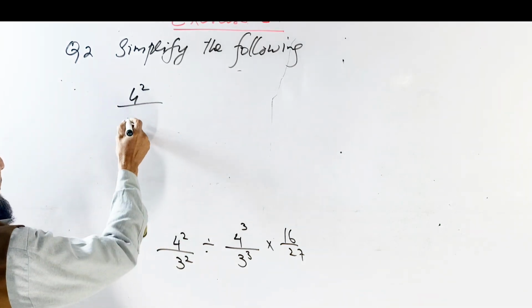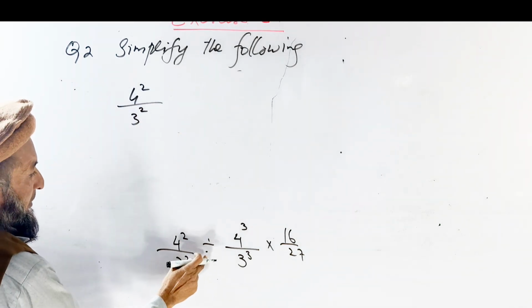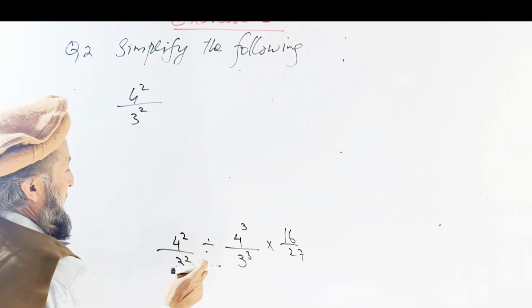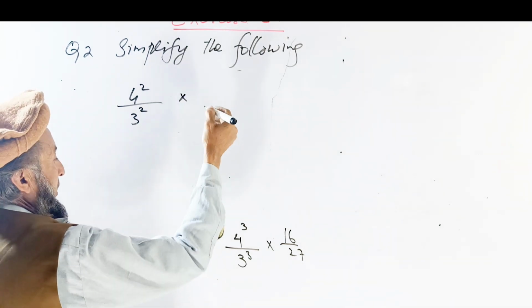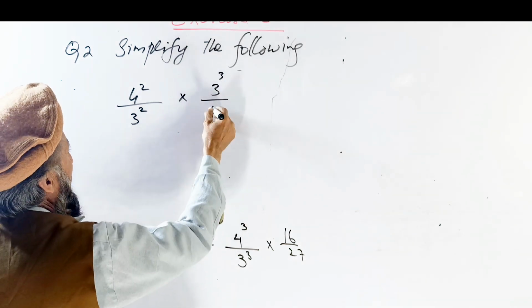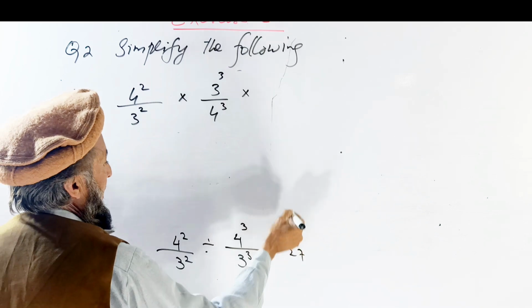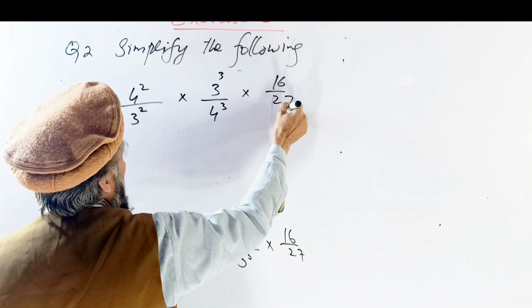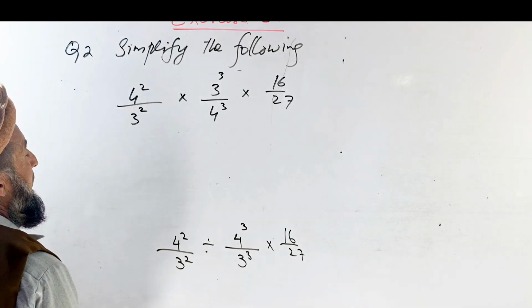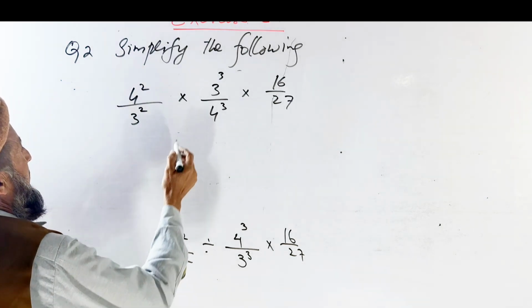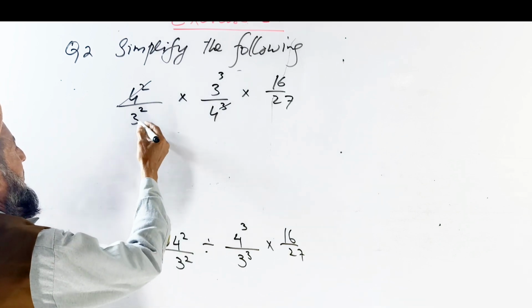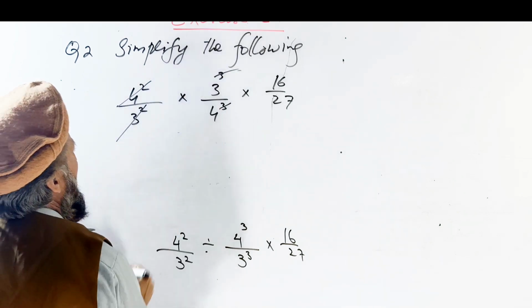Divided by 3 square, and this multiplication is changed into the denominator, so this will be changed to 3 cube over 4 cube multiplied by 16 over 27. Now the 4 square cancels with the cube, 3 square cancels and cube remains.